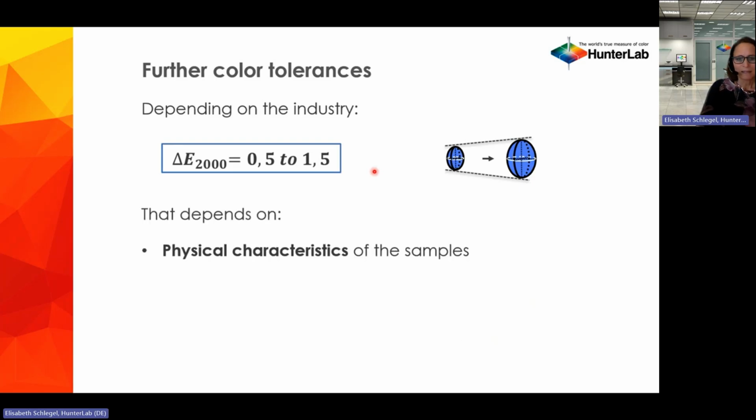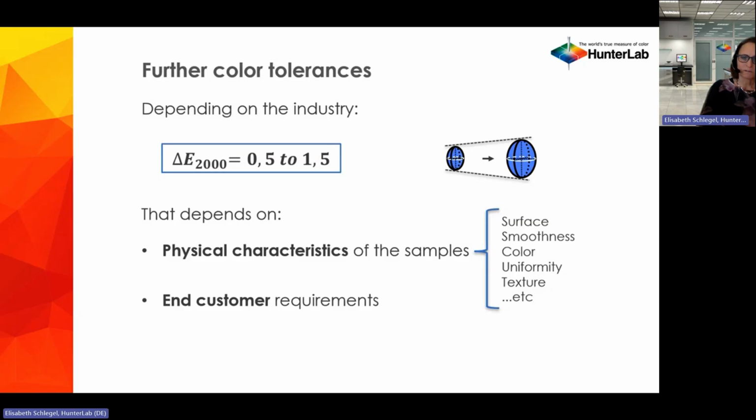And this depends on the physical characteristics of the samples. For example, how is the surface? Is it smooth? What color is it? Is it rather uniform? Does it have a texture? And all these characteristics. And also, of course, on the end customer requirements. Is it very important that you have exactly the right color, or can it be just about the right color?